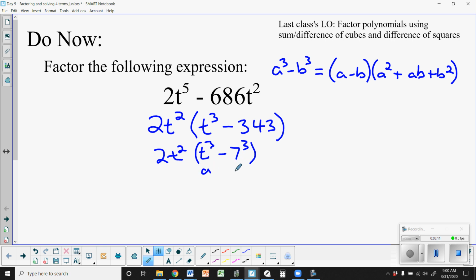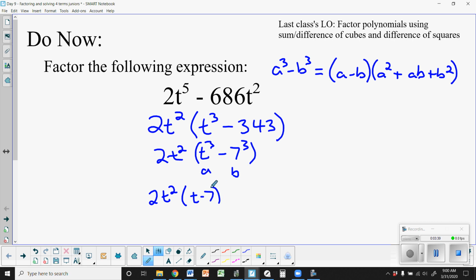All right, so now in this case, a is t and b is 7. So now we just put a t in for the a's and we put a 7 in for the b's, and it's just straight up substitution. Notice I said 7, not negative 7. It's just 7, t and 7. All right, so let's write the 2t squared, and then we're going to write our first factor, which would be t minus 7.